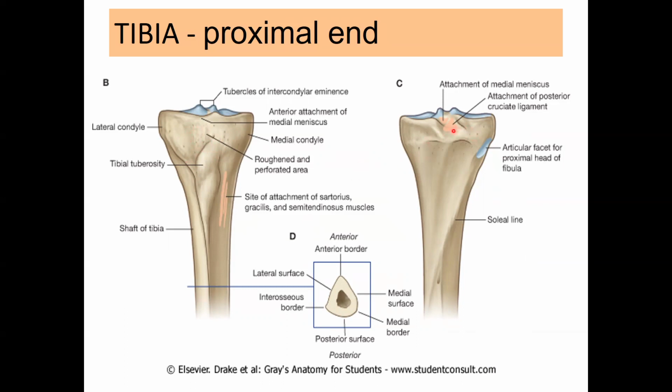Upper posterior, you have the point of attachment of ligaments that is important to strengthen the knee joint. Finally, over the inferior surface of the lateral condyle there is the articular facet for articulation with the fibula, the head of the fibula.